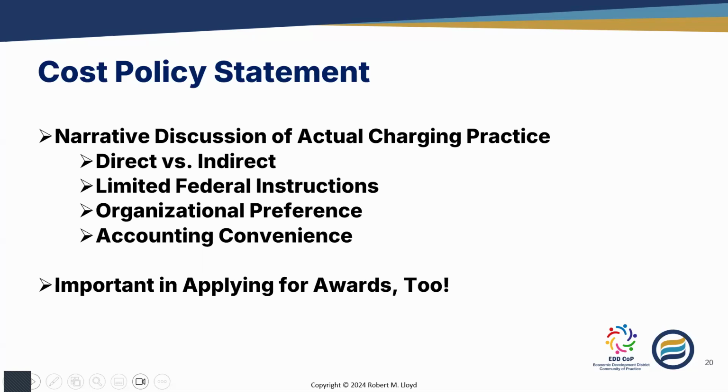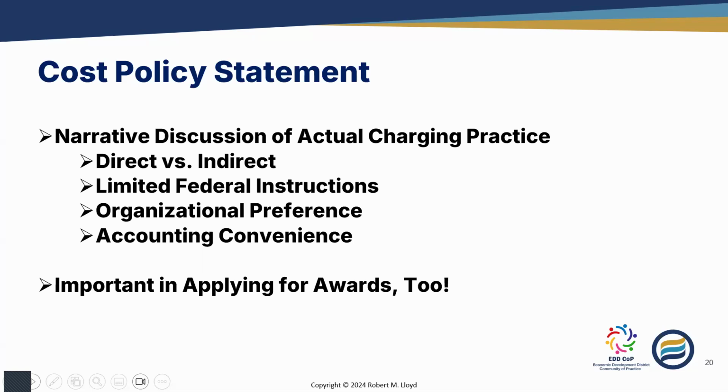Because if they are developing budgets for grant applications or sub-grant applications, and they're not following your cost policy statement, that can create a significant problem in terms of even the approval of the award application. So, once a cost policy statement is developed, it makes sense to assure that it is being accomplished in a way that everybody in the organization knows how that's taking place.